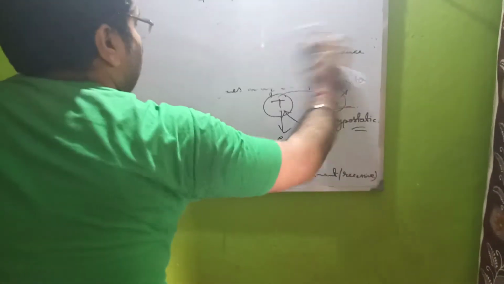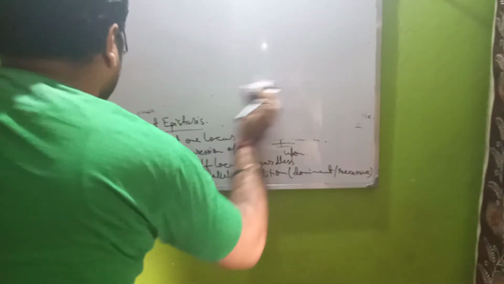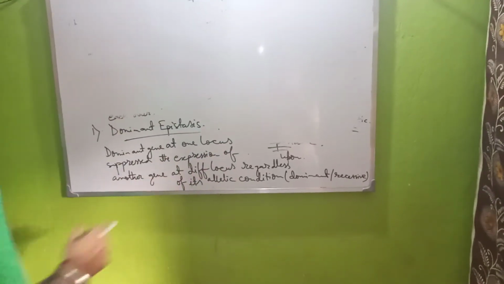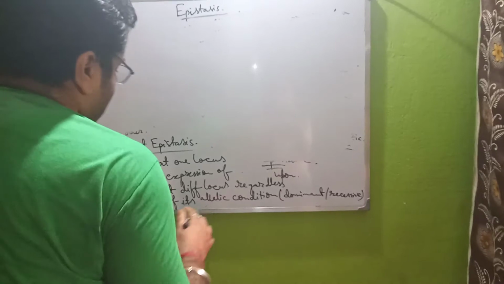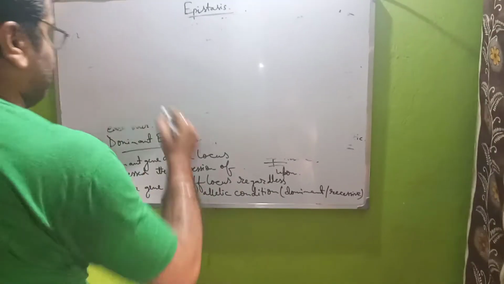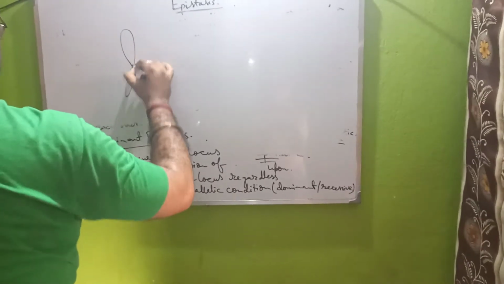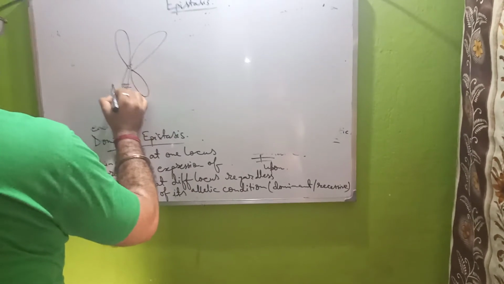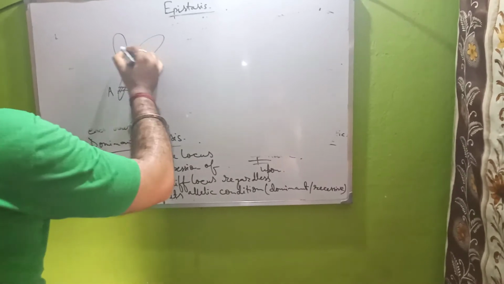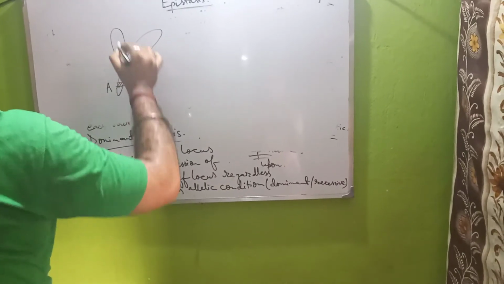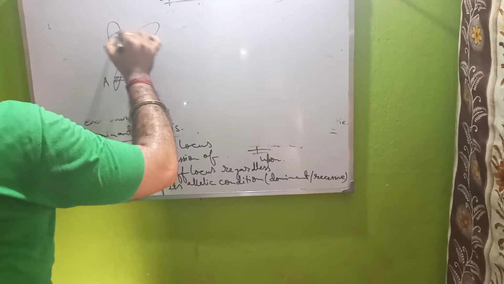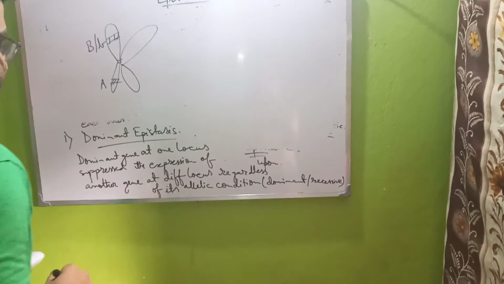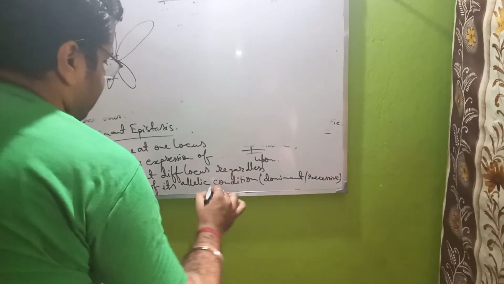Dominant epistasis means that a dominant gene at one locus, or one location, suppresses the expression of another gene at a different locus regardless of its allelic condition. Now I am drawing a homologous chromosome. Over here you will find a gene, capital A. This is a different locus, where there is another gene which may be in dominant or recessive form, regardless of its allelic condition.